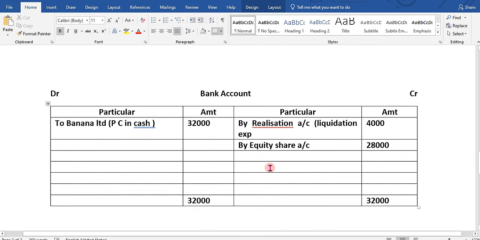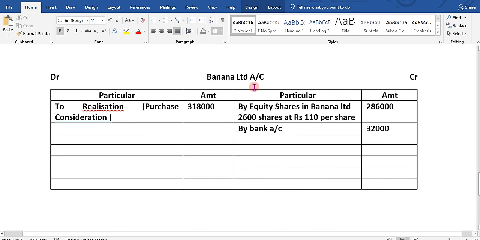Now next, after bank account, close the purchasing company account, that is Banana Limited account. 2,86,000 plus 32,000, so total will be 3,18,000. So credit side amount is 3,18,000, debit side amount is 3,18,000.